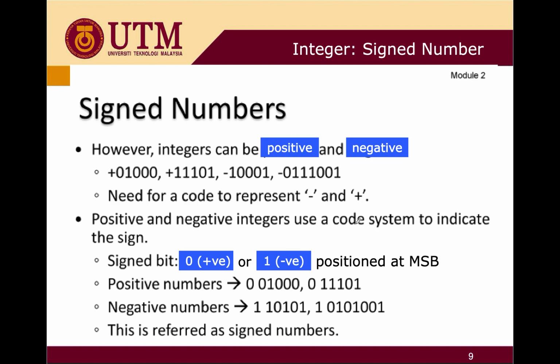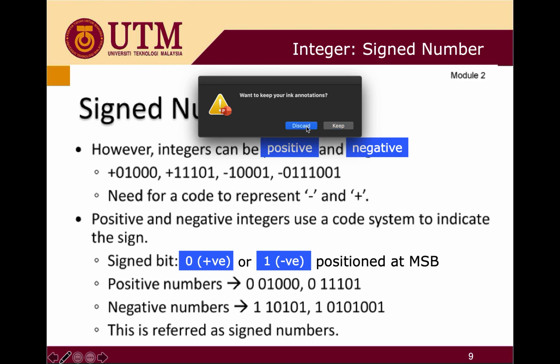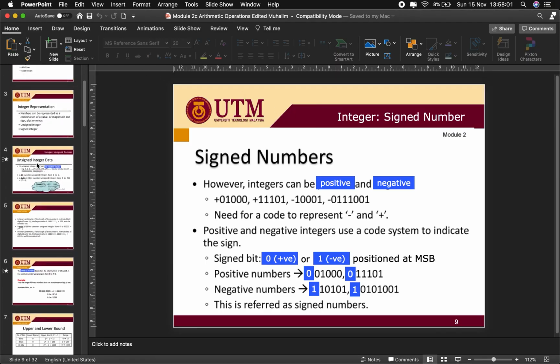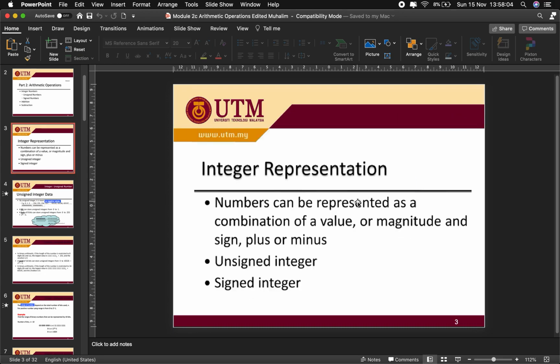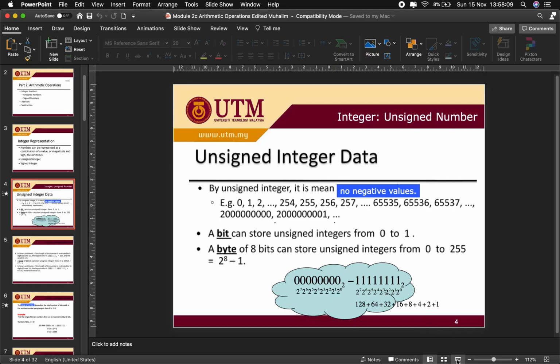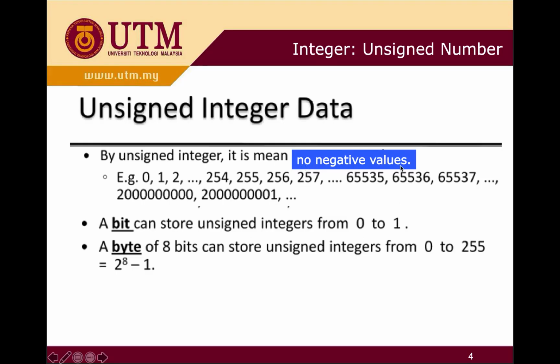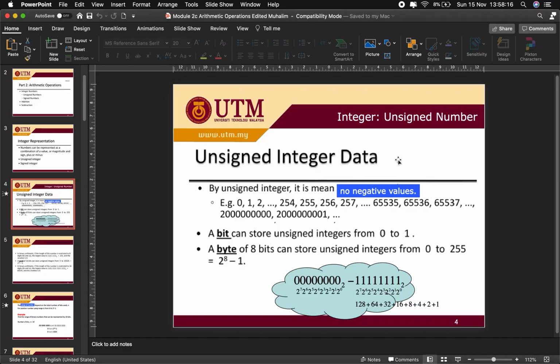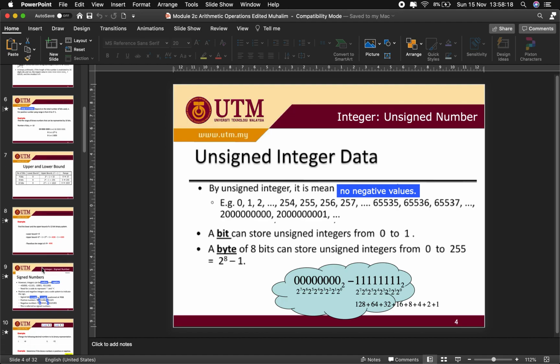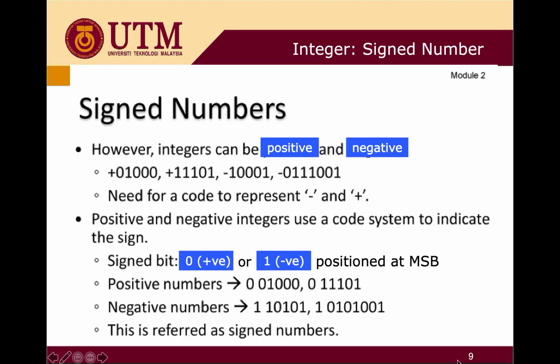For unsigned, which we already looked into, if you can see over here, you have only positive values, no negative values. Now when you move to a new section, which is signed numbers, you will see that signed numbers have positive and negative values.